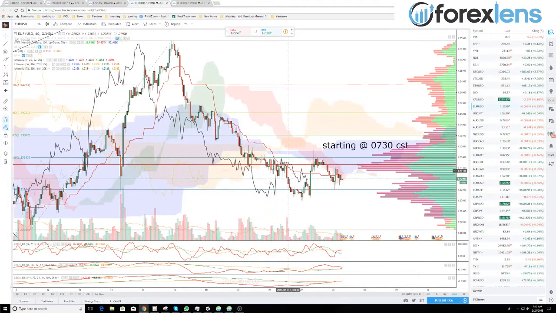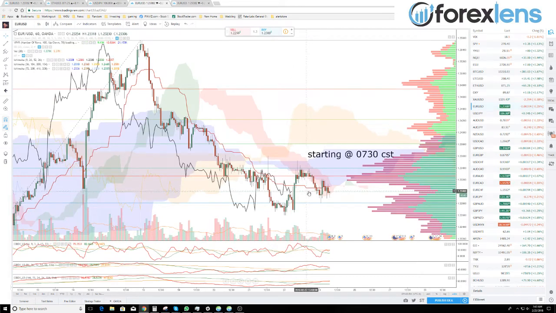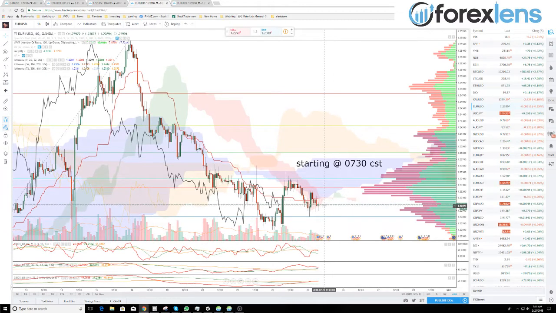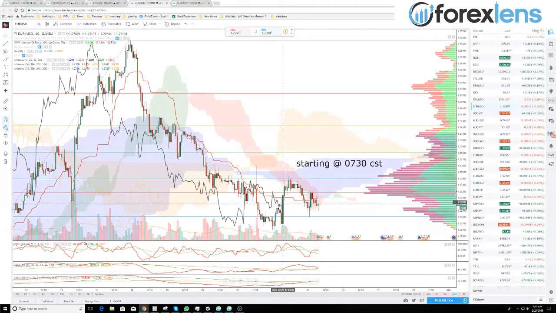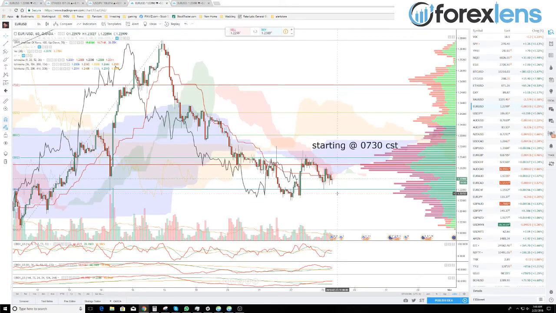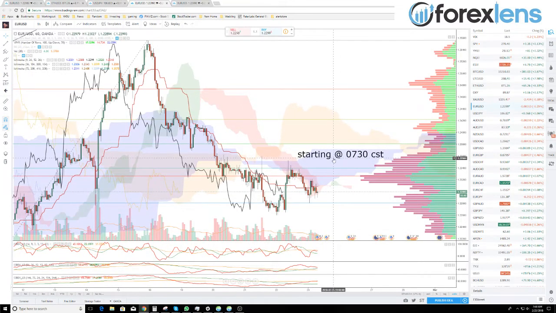I already know that my lagging span is here, and that it's trending neutral. So I don't know if I want to take a trade yet. I'm really not going to want to take a trade until we get below here. I'll need a break of 122.80, 122.70 to go short. So we may still go short here.